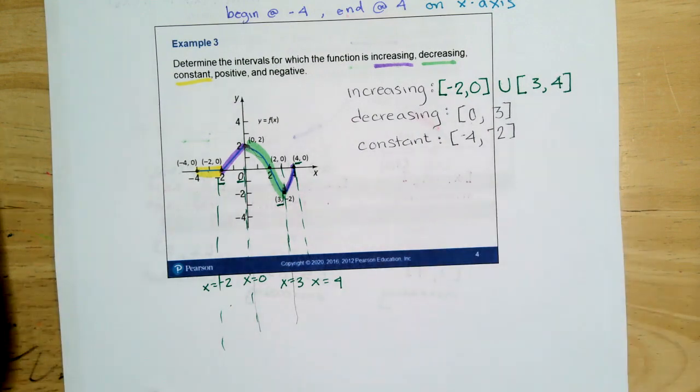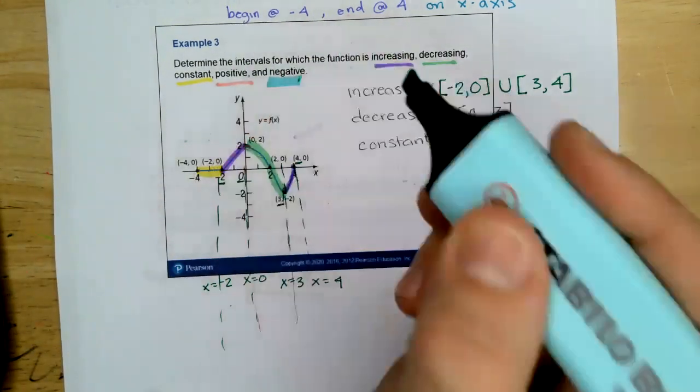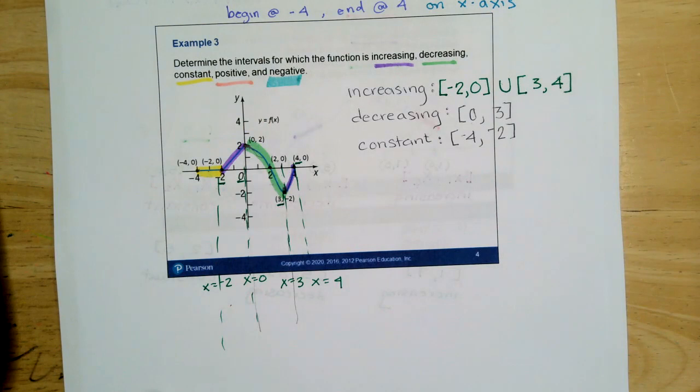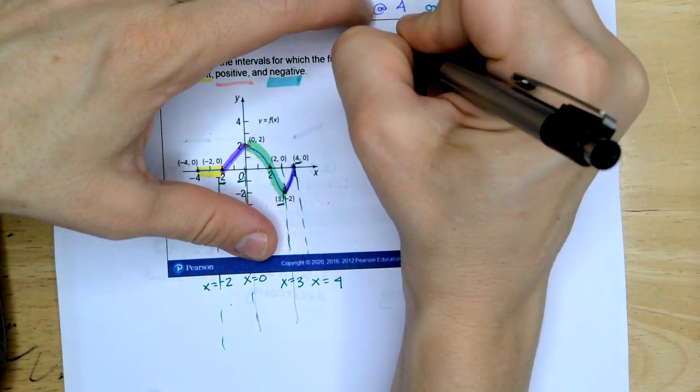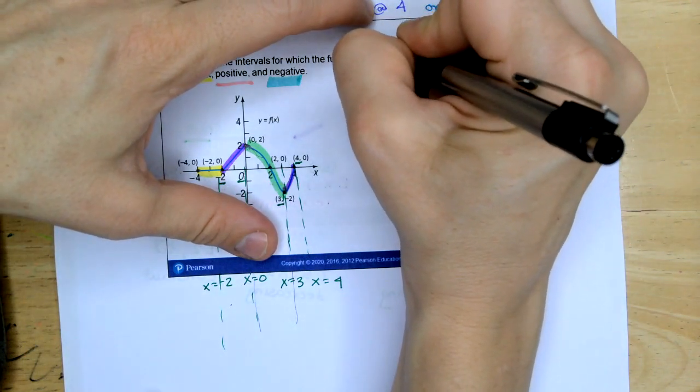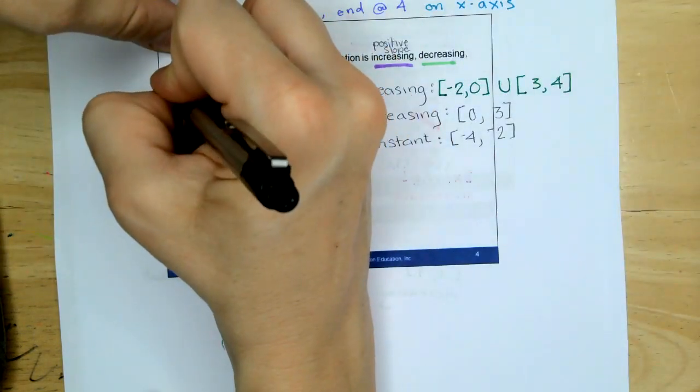However, there are 2 other questions they ask. They ask, where is it positive? And alternately, where is it negative? Positive and negative means above the x-axis and below the x-axis. So remember, this was a positive slope. This was a 0 slope.